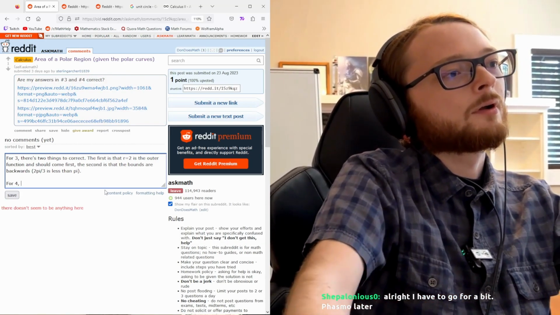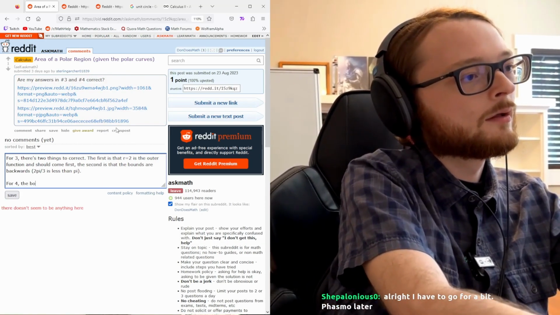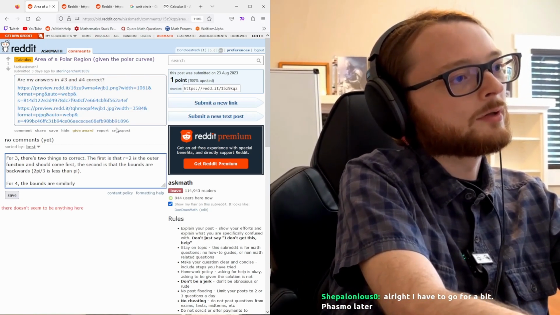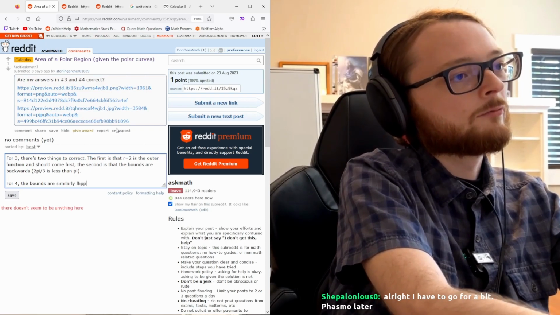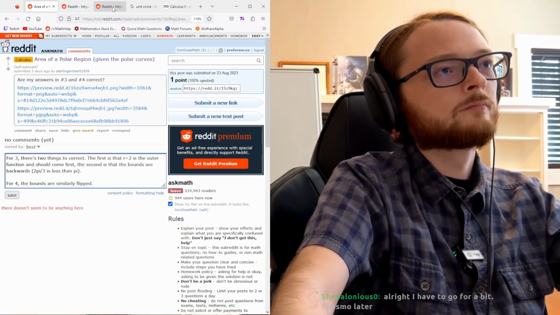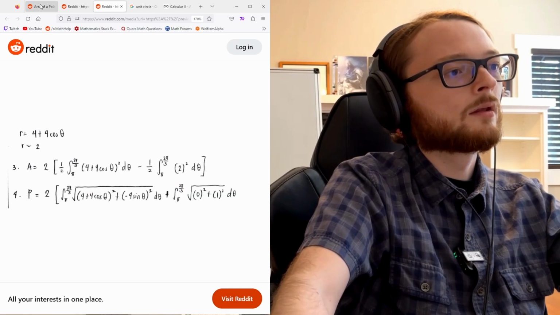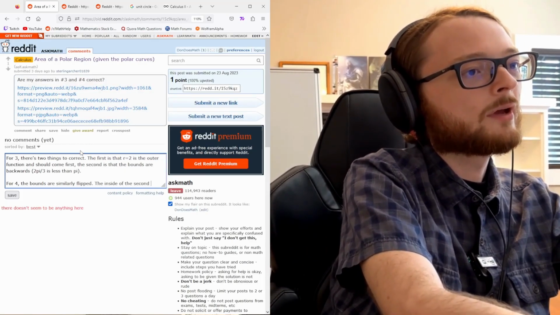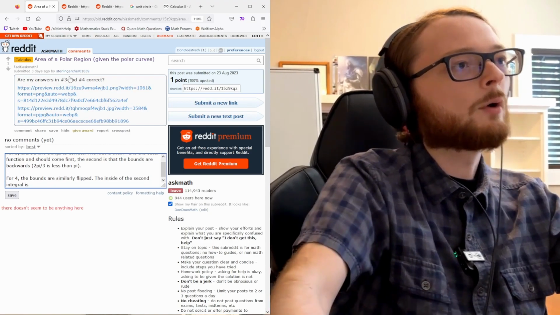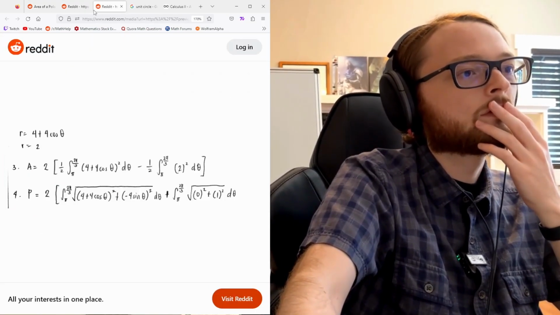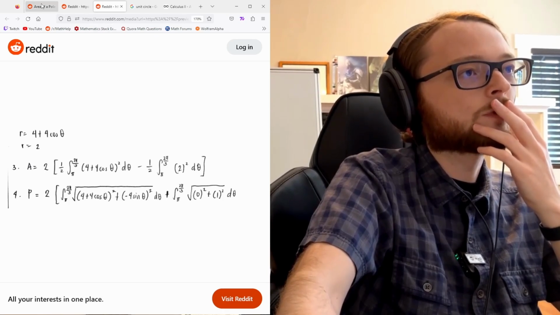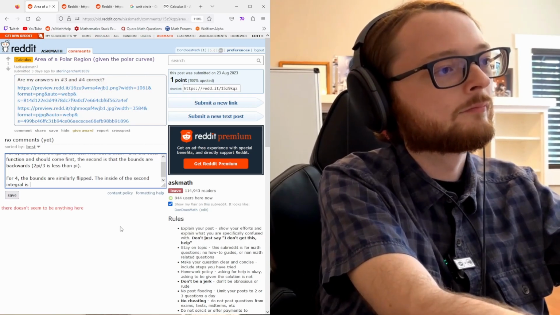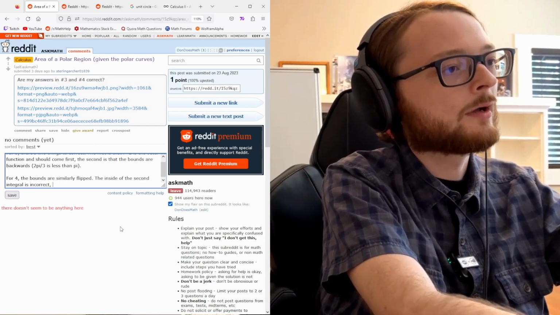For 4, the bounds are similarly flipped. Inside of the second integral, oh wait, did they do a plus? Okay, good. They did do plus. It doesn't matter which one comes first. It's incorrect.